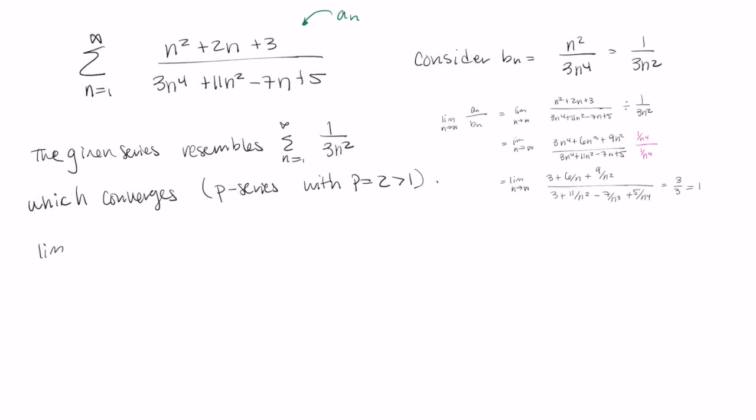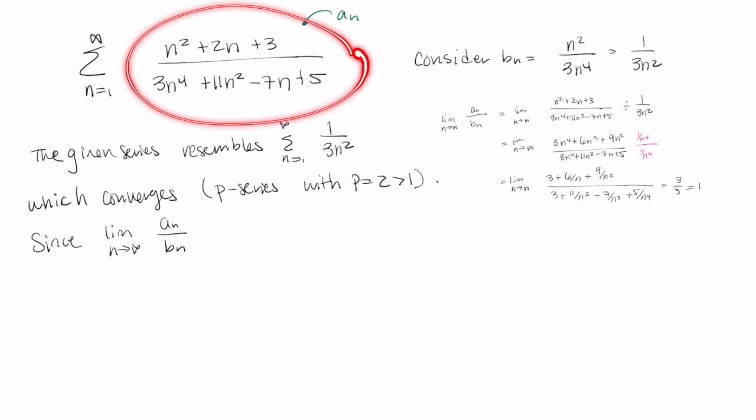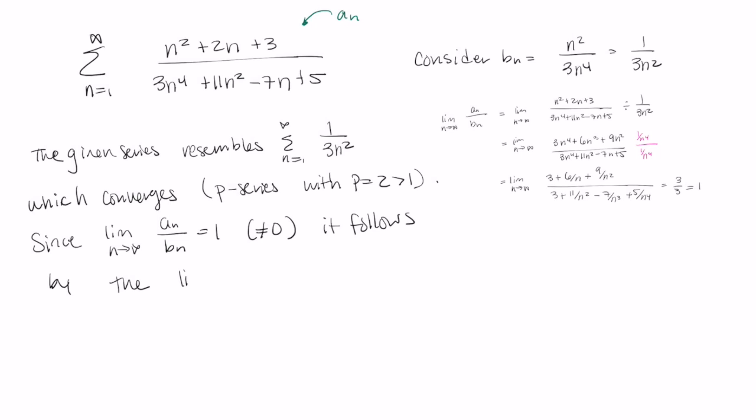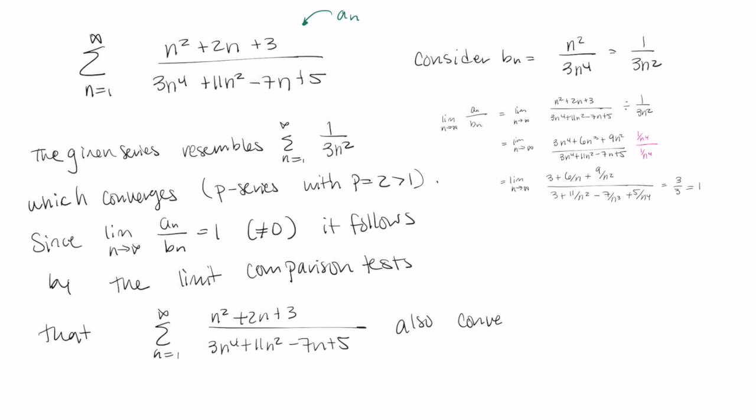Now, since the limit as n approaches infinity of a sub n over b sub n, and when I say a sub n, I mean our original series divided by the series it resembles, equals 1, which is not equal to 0, it follows by the limit comparison test that our original series, which I'll rewrite out this time, also converges.